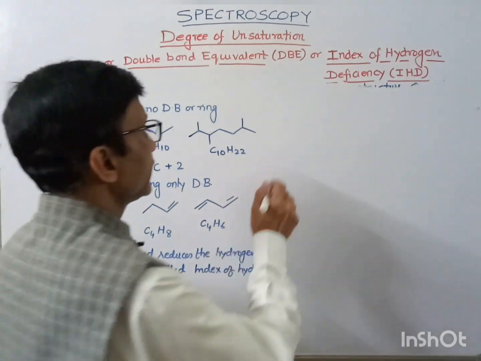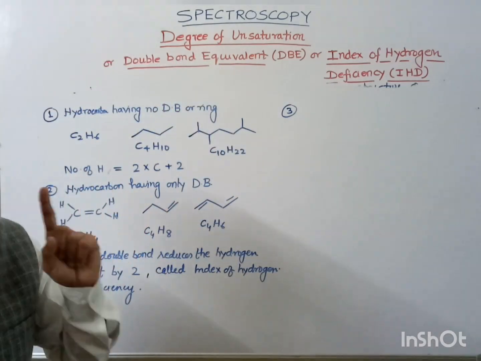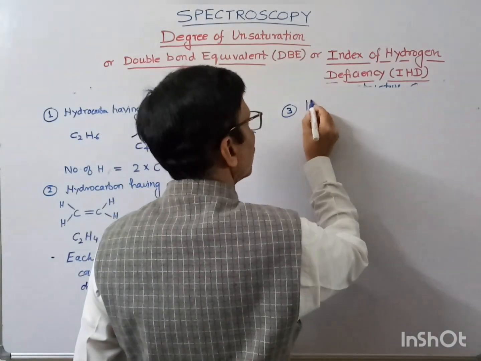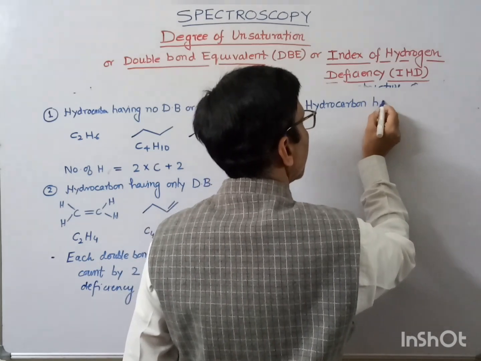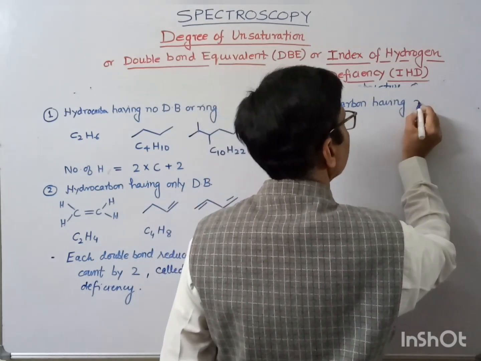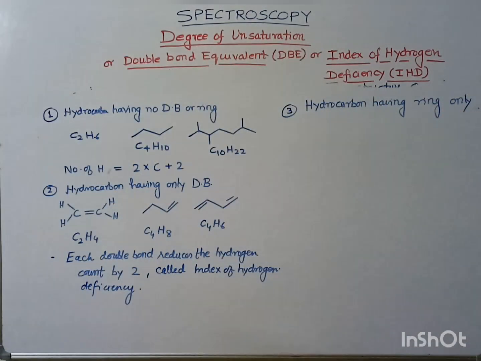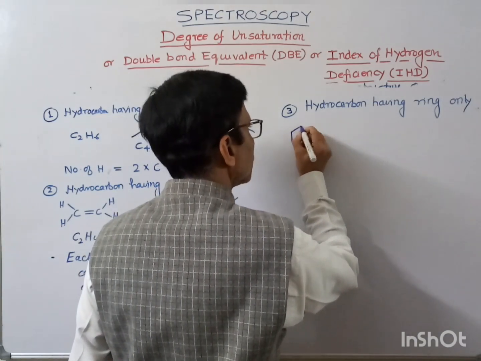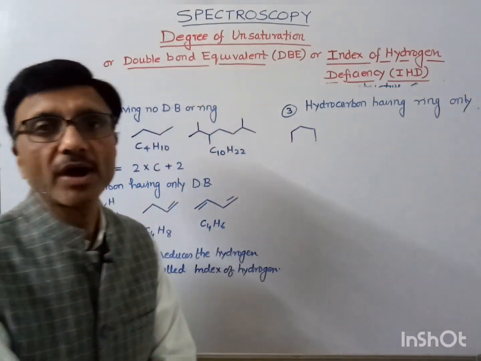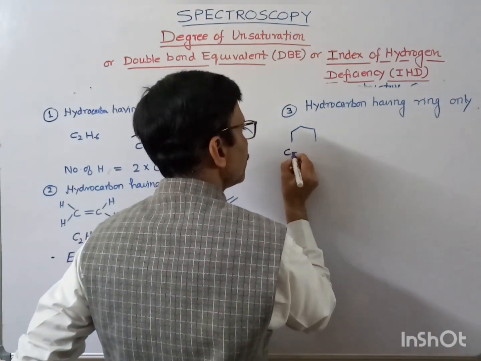So let me take the third case, a hydrocarbon having only a ring in the structure. If I take an example, suppose this is one of the cases. There are 5 carbon atoms, and the molecular formula for this will be C5H12.